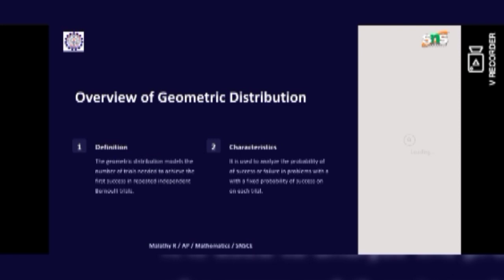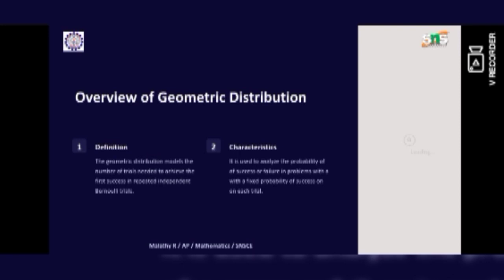For example, if I cleared the 10th standard board, why would I write the 10th standard board again? Once I have received the success, we need not do the same trial again. So in that case we have to go for the geometric distribution.